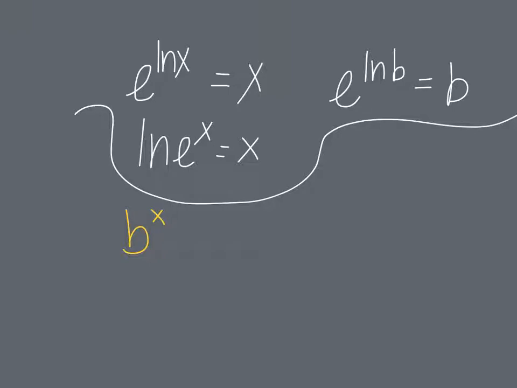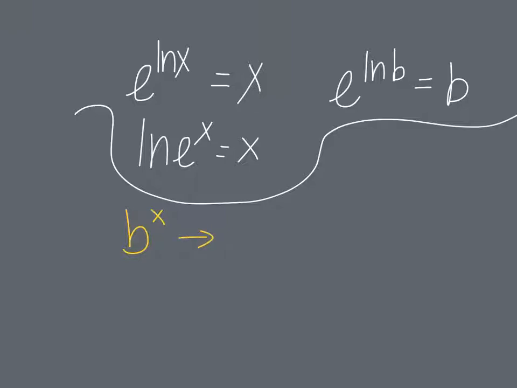So that rule is going to help us with finding out the rule for the derivative of b to the x. And again, this is going to seem a little bit obscure, but the first thing I'm going to do is rewrite b to the x, and I'm not going to take the derivative of it yet. Let's just rewrite it.